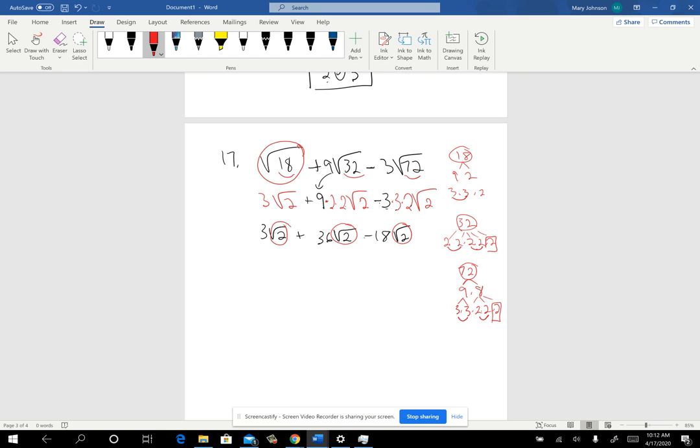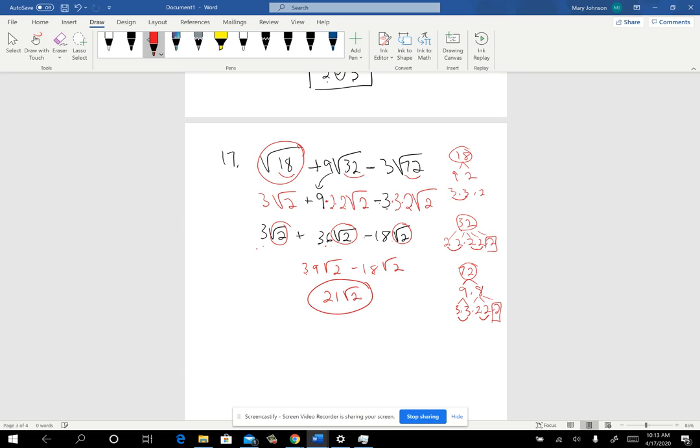These are like radicals. So now we're just going to combine them just like we would if combining like terms. So we'll say 3 plus 36 is 39 minus 18 square root of 2. And then 39 minus 18 would be 21 square root of 2, and we would stop there.